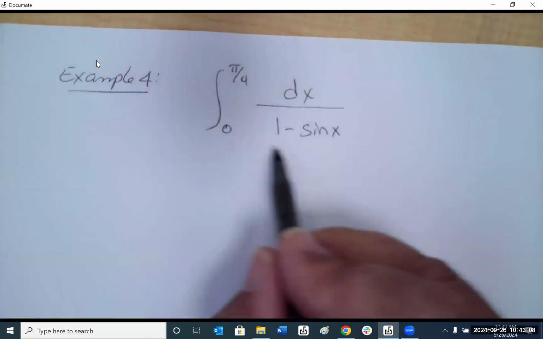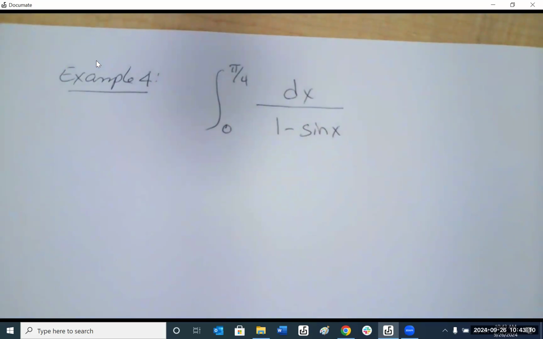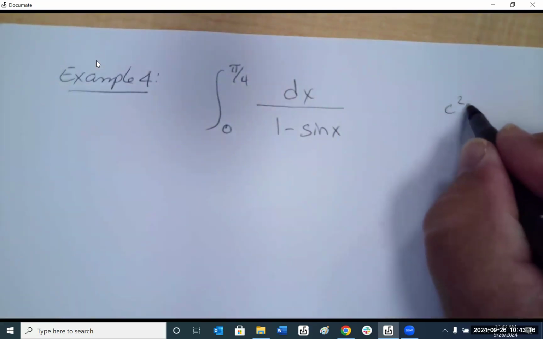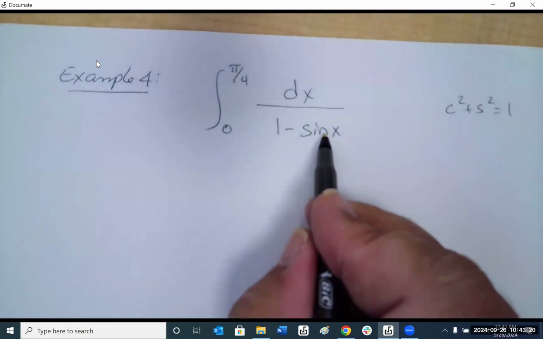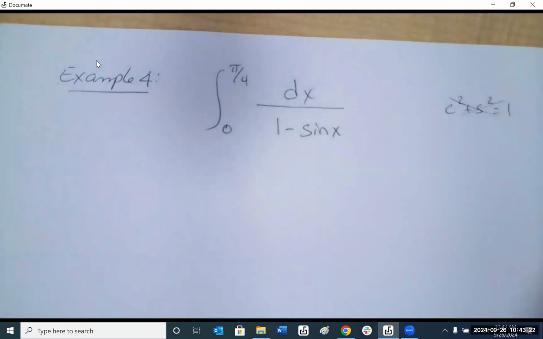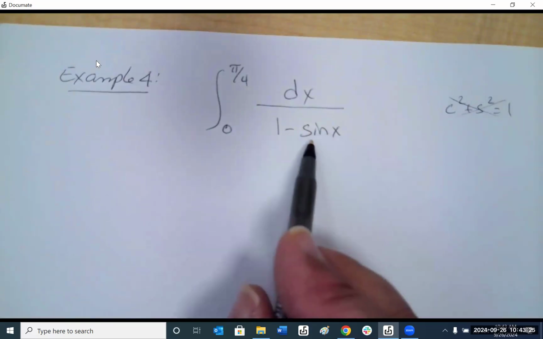One, is this an identity? What would the identity be? Cosine squared plus sine squared equals 1, but that's not squared. So we can't use that. There are no identities for this.